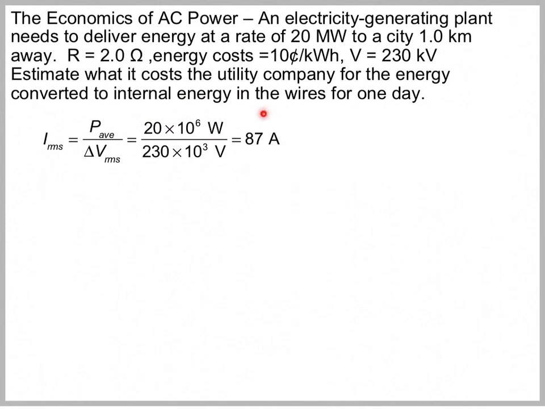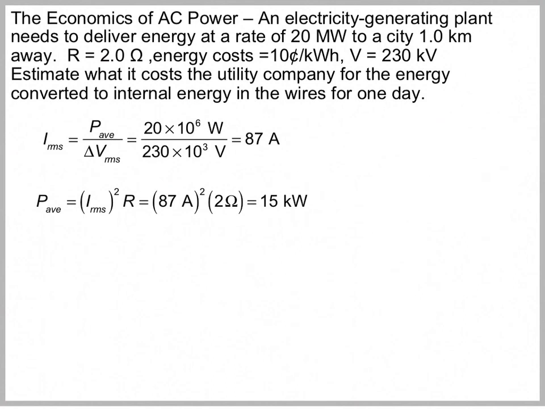The average power lost in the wires is the RMS current squared times R. This power is different than this power. This is the power delivered to the city. This is the power lost in the wires themselves. So that's 87 amps squared times 2 ohms. That's 15 kilowatts.